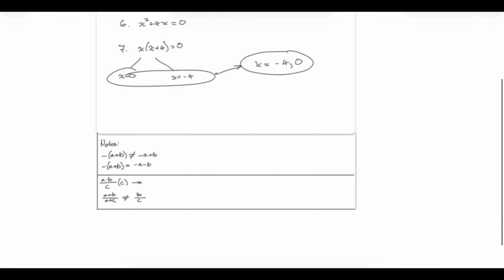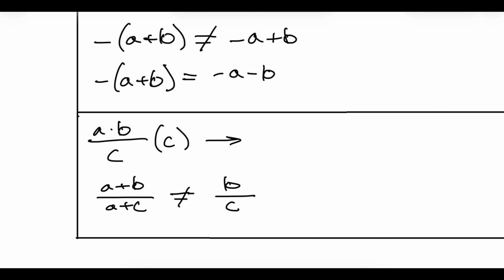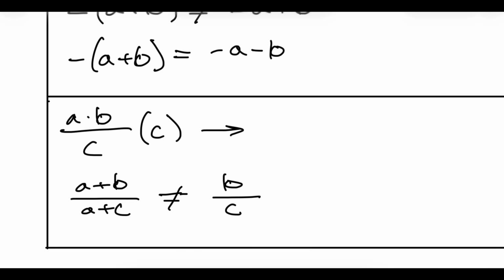Just so we're sure on how we can cancel, when we have a times b over c multiplied by c, in our case, c is the expression that's outside that we're multiplying. So there's understood parentheses around c, and it's multiplied by 1. So if we cancel c, we get a times b, which is equal to ab.